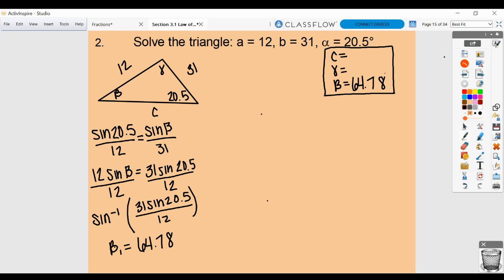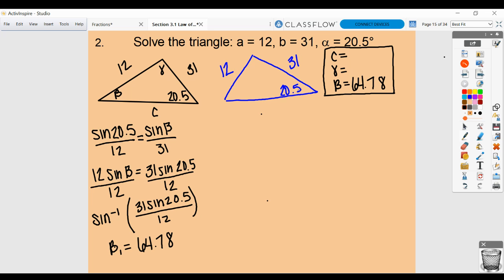Okay, so here's where you figure out if you have two triangles. So if you draw the second triangle, put in the information you were given. So 12, 31, 20.5.